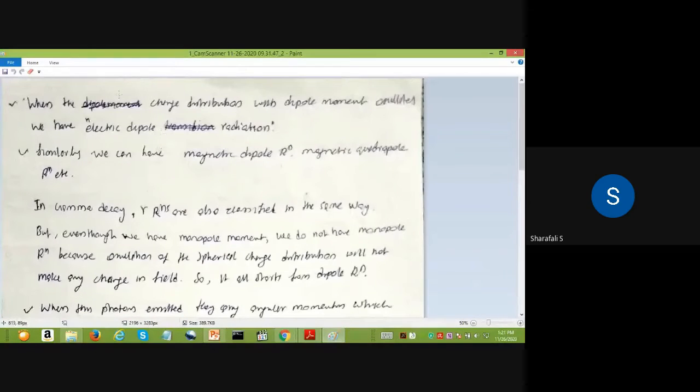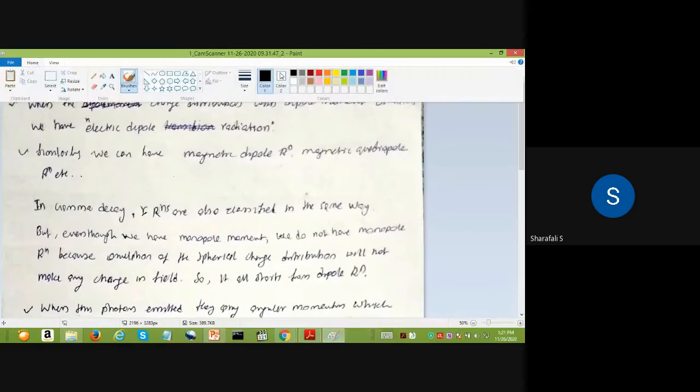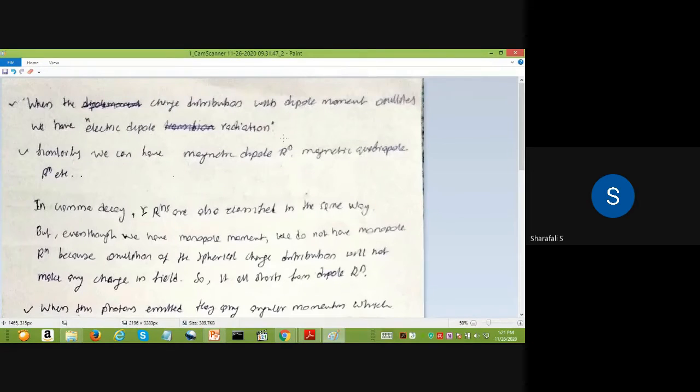If you consider a dipole moment which is oscillating, then we call it dipole radiation.